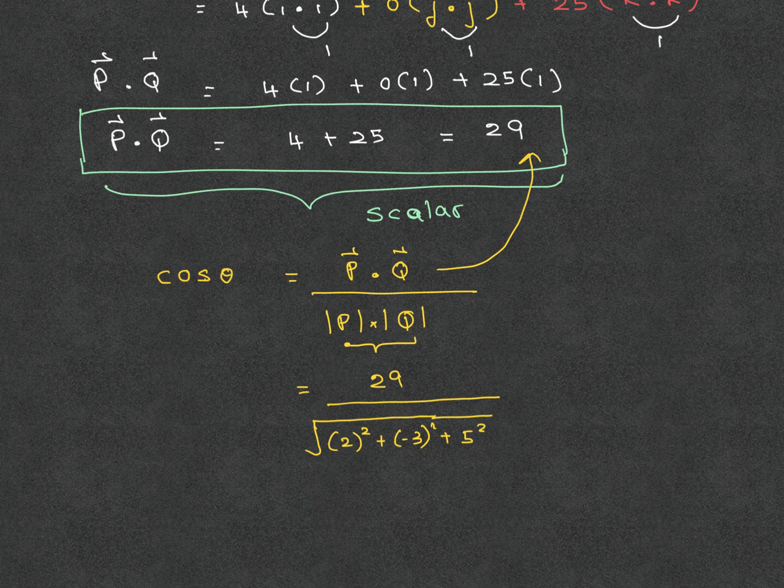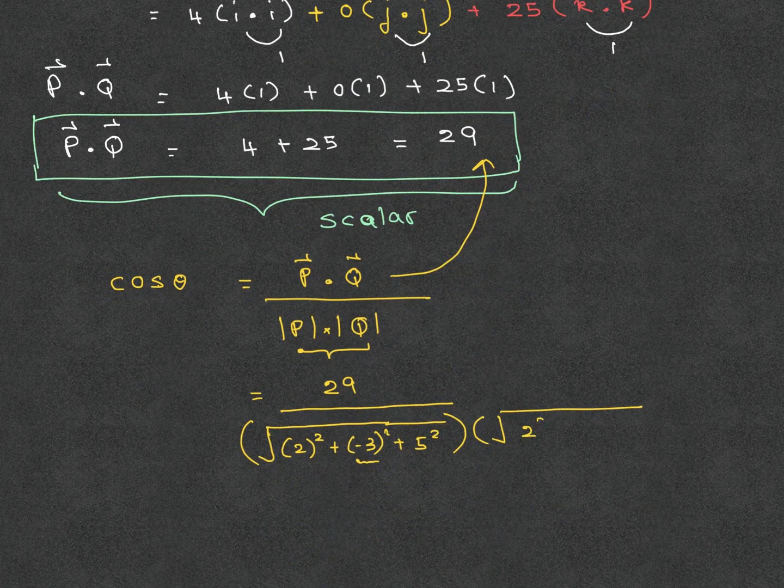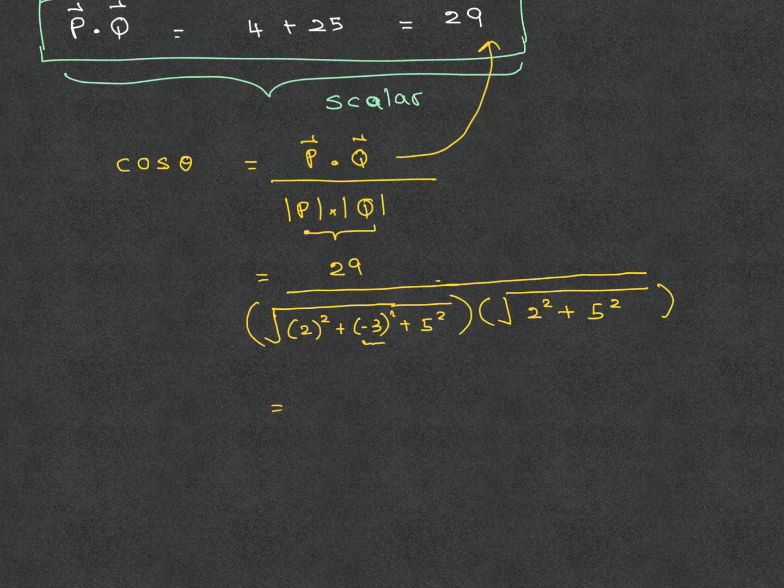So when you have a negative number, please remember to put that in a parenthesis like in here. And then you have square root of the rest, which is 2 square, 0 square I don't have to write, and 5 square. Now you just do the math and find what you end up with.